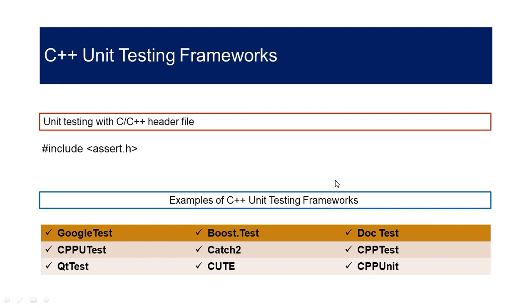There are several frameworks out there that you can use for C++ unit testing. For example, we have Google Test, Boost.Test, doctest, CppUTest, Catch2, CppTest, Qt Test, CppUnit, and many others that you can use.